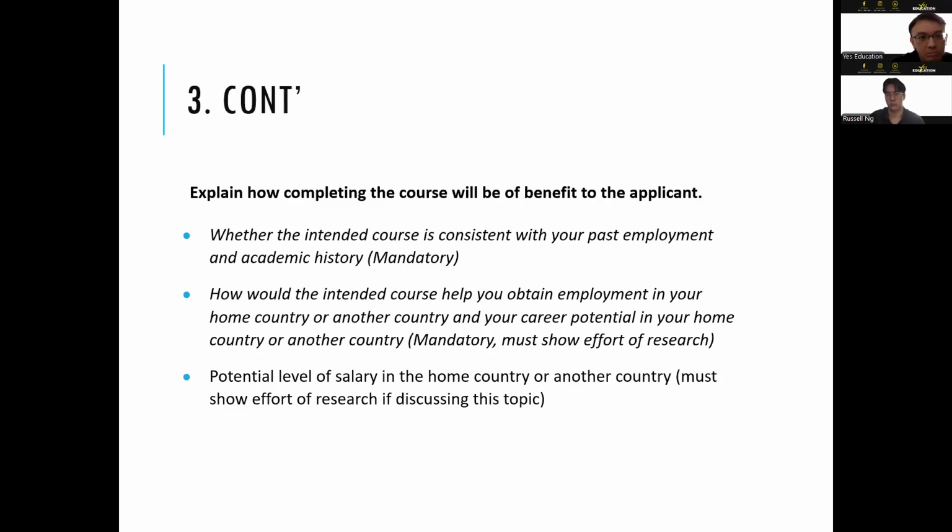Someone using salary in Australia to support the study, it's hard to tell. You need to look at the details. It can cause a problem. You may suggest to the visa officer that she wants to stay here to work rather than just study.